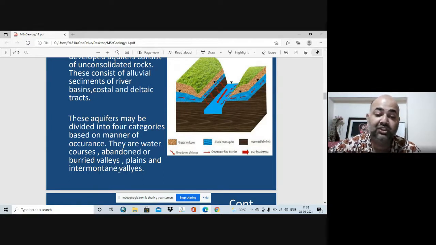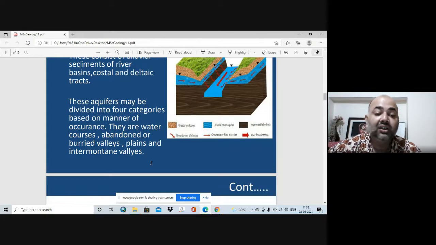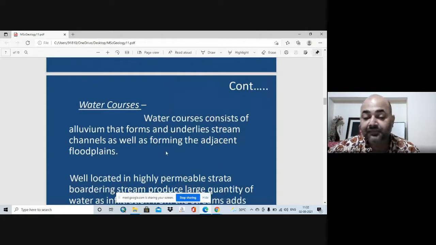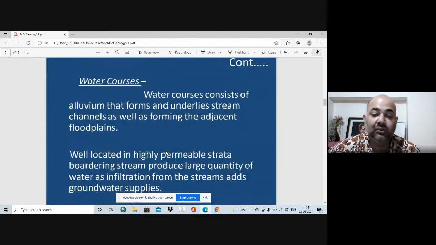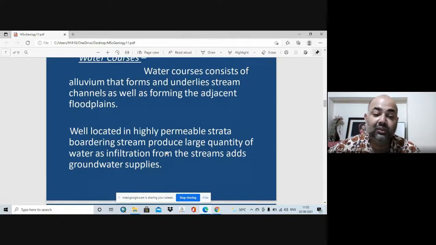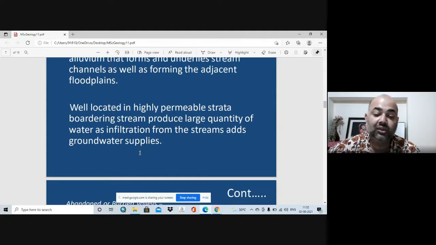Depending on the different geomorphological formation, you will get different kinds of rock types. Watercourse aquifers consist of alluvium that forms and underlies stream channels and adjacent plains. Wells located in highly permeable strata bordering streams produce large quantities of water, as infiltration from the streams adds to the groundwater supplies.